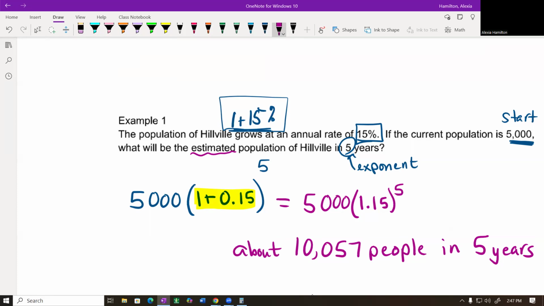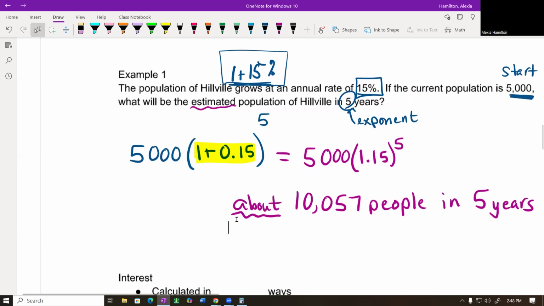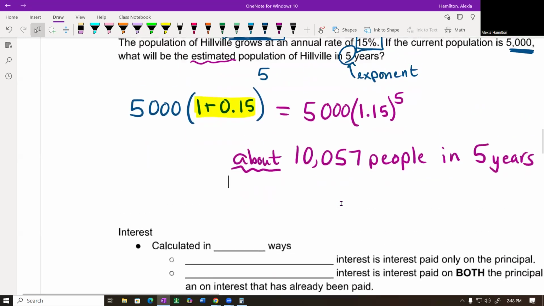Those are all very different numbers. I chose to round to the nearest 1 person, which was why it was 57. So the about is very important. You can always argue with your teacher that you didn't tell me where to round in the directions. So, okay.